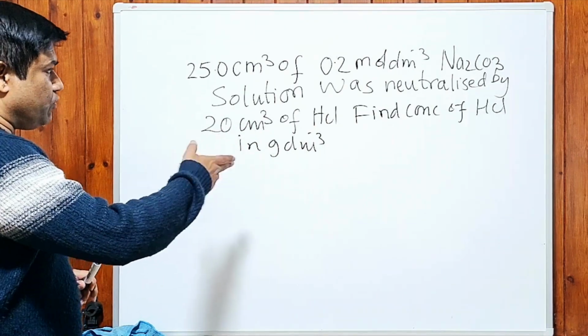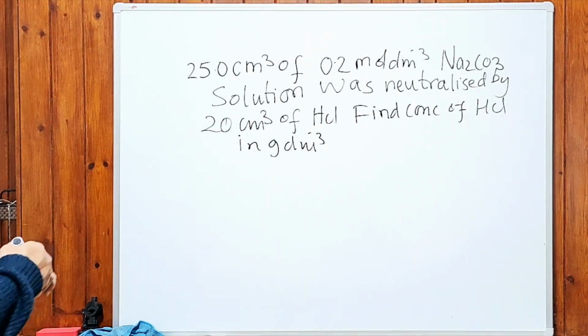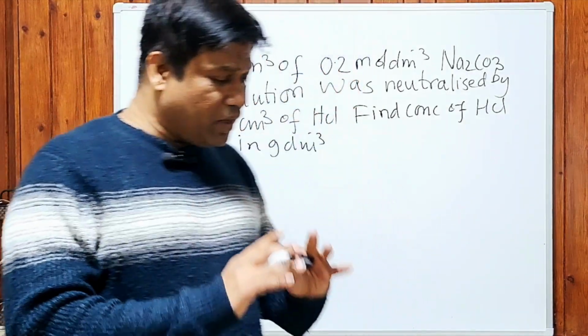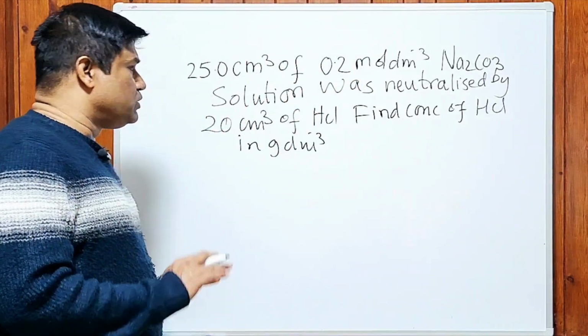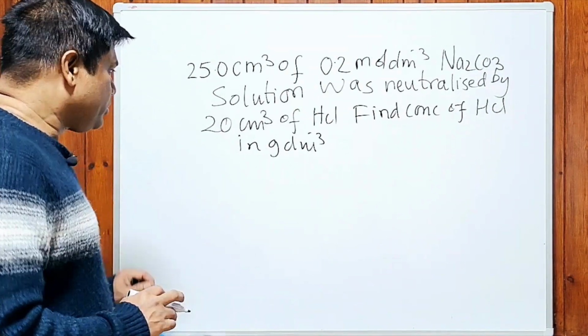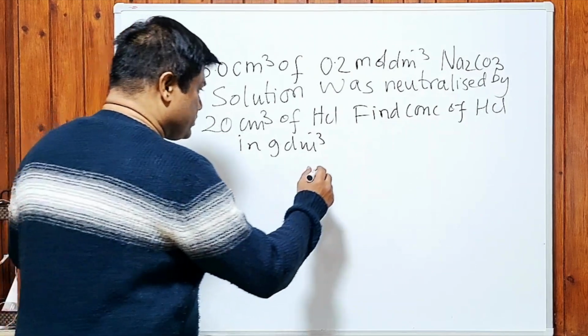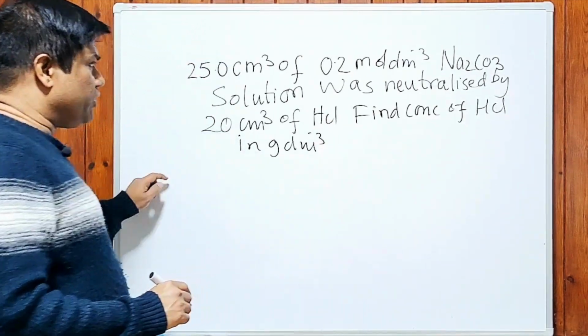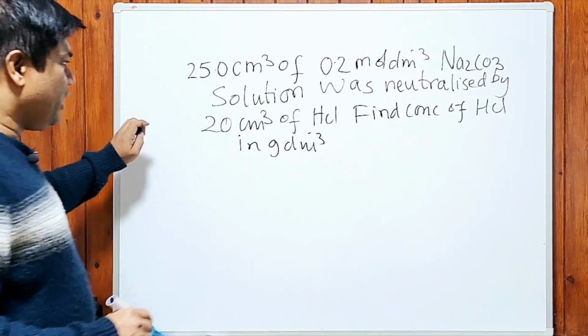Sodium carbonate versus HCl. First of all, I told you a million times, guys, you have to write a balanced chemical equation to start your titration question. First and foremost is the balanced chemical equation when sodium carbonate reacts with HCl.